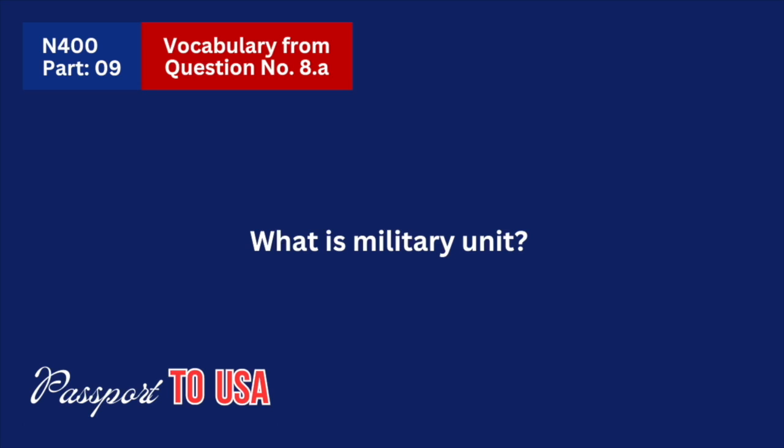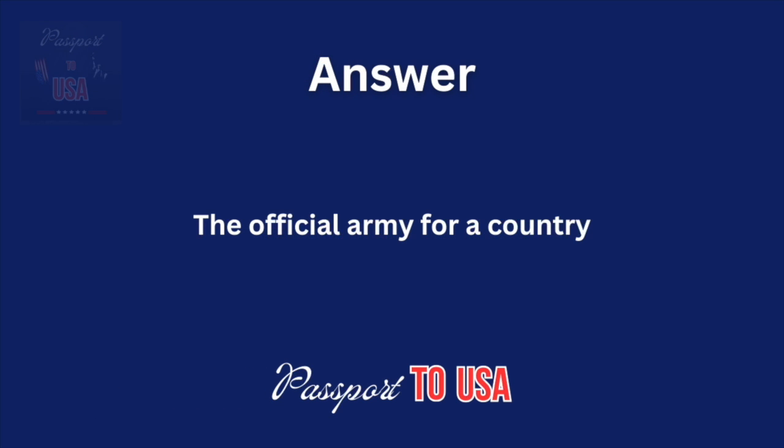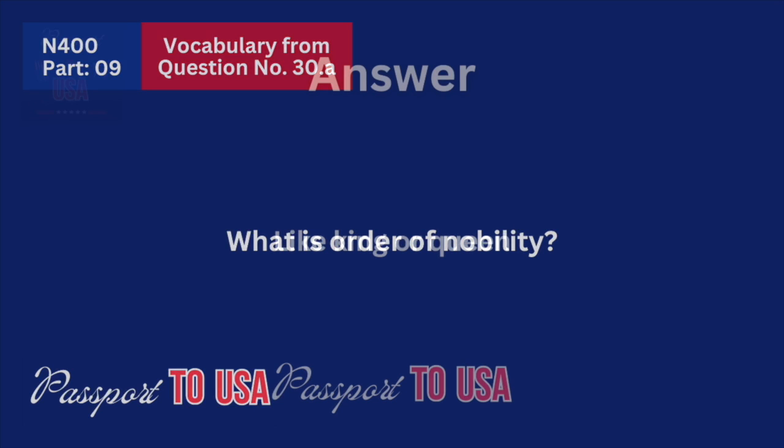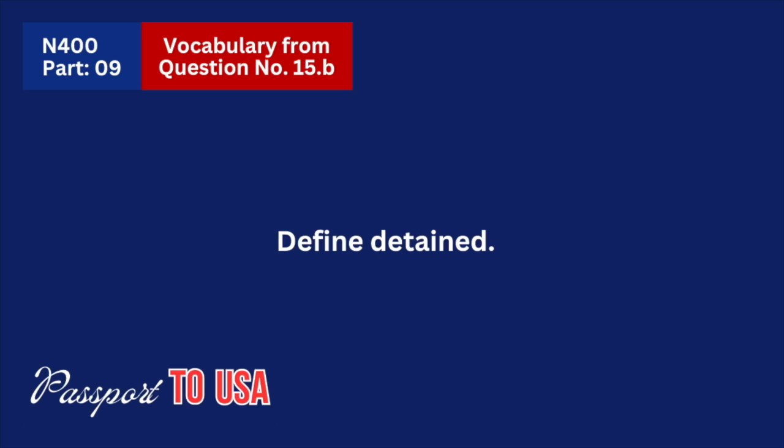What is military unit? The official army for a country. What is order of nobility? Like king or queen. Define detained.